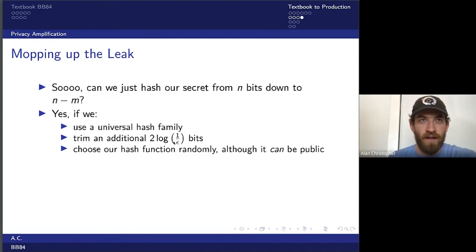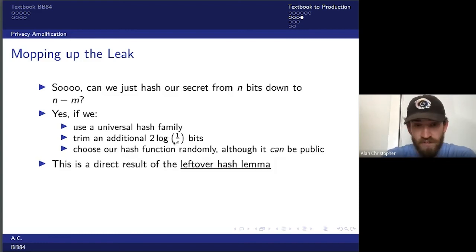Thought of another way, we're going to allow Eve to continue to have epsilon bits of information. I don't think that's an exact definition, but roughly, we're willing to give Eve that little tiny negligible bit of information about our key. And if we're willing to do that, then we can in fact just choose our hash family, send across some seeds, and do the hashing, which is a direct consequence of a pretty well-known result called the leftover hash lemma.